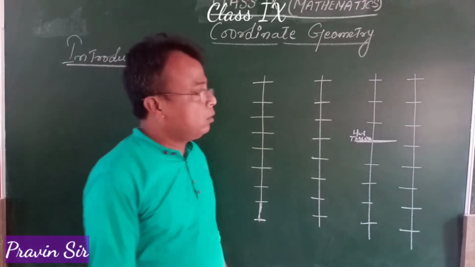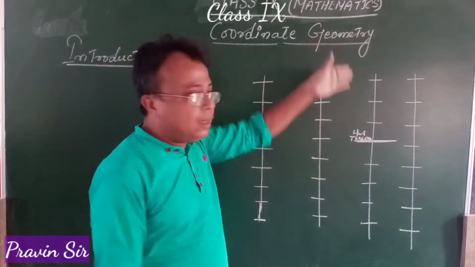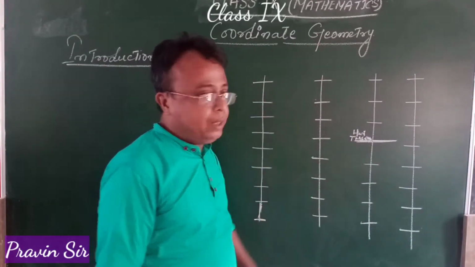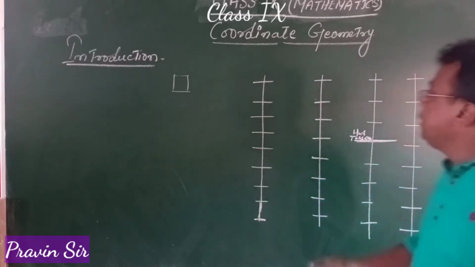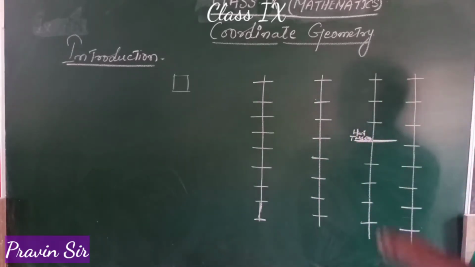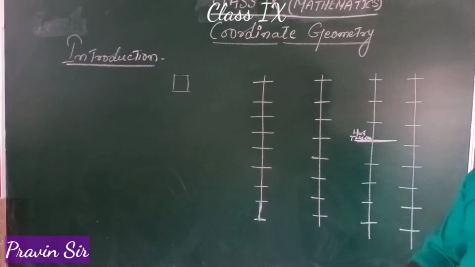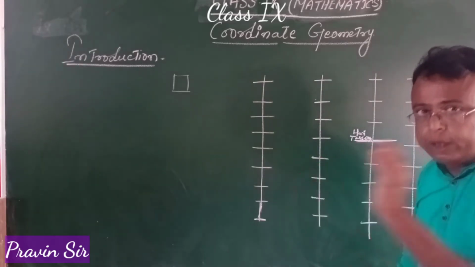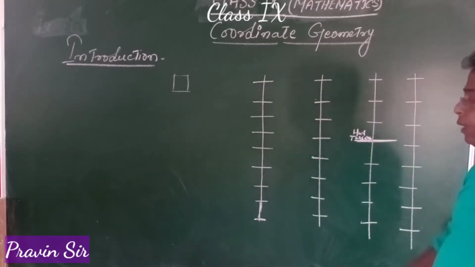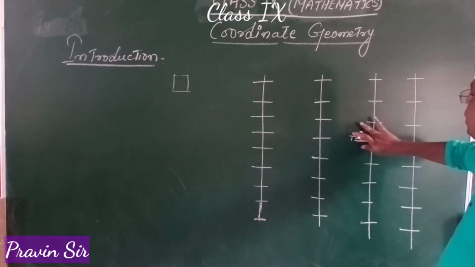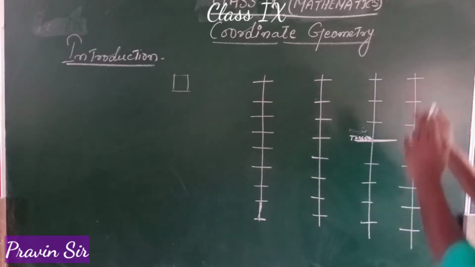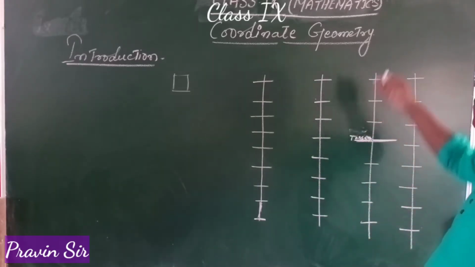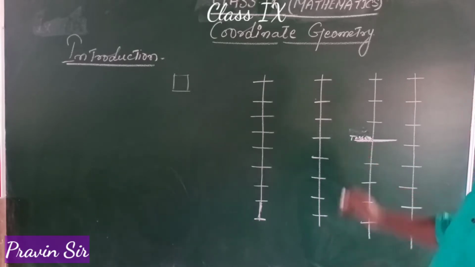What information have I given to that person? That in row number 3, this particular boy is sitting. Means he wants to know the location of that boy.